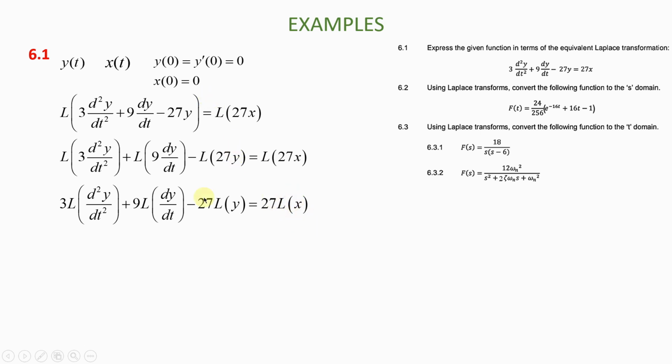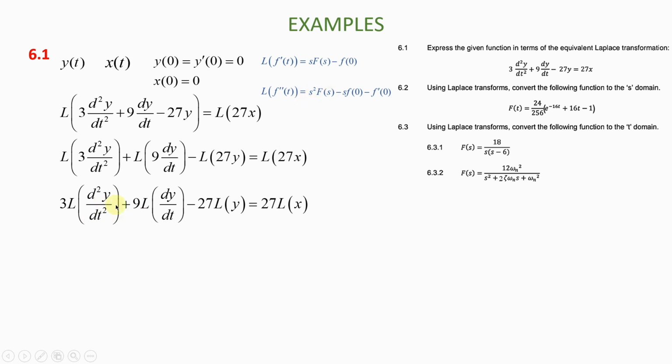Okay, very important. And so once you have this, you need to remember how to find the Laplace transform of derivatives. I will remind you here in blue what is the Laplace transform of the first derivative of a function, and also what is the Laplace transform of the second derivative of a function. So the Laplace transform of a second derivative of a function, like in this case y, is going to be s f of s.